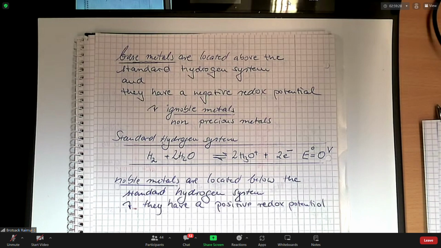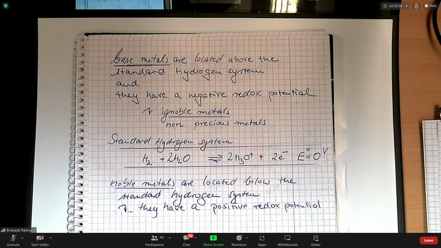Let's have a look at a system. Let's say we have elementary zinc, and we put it in an acid. What are you expecting? Very good. Because zinc is oxidized very easily.